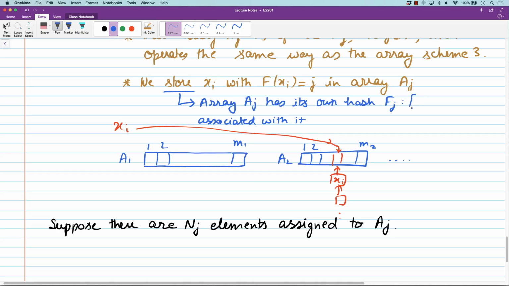We only need to worry about these nj elements assigned here. This is some pre-stored mapping that will be assigning those nj elements. These are not 1 to nj, but some nj elements, but we can use the mapping from 1 to nj. That mapping is some fixed mapping that we are storing here, so we are not accounting for that. Okay, and we can map it to mj elements.